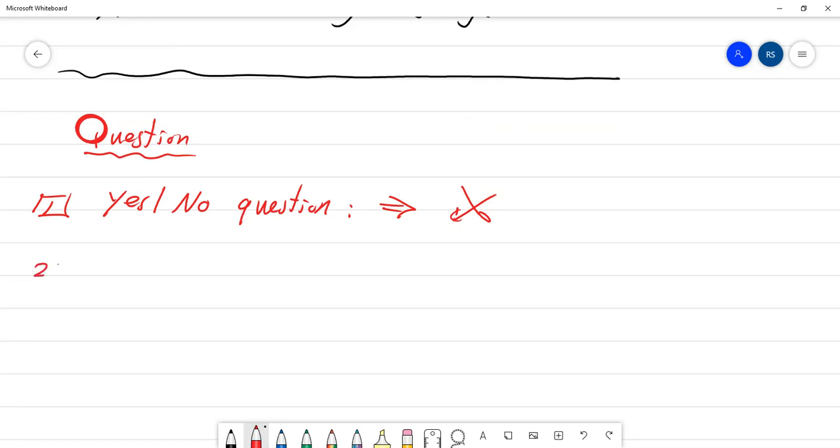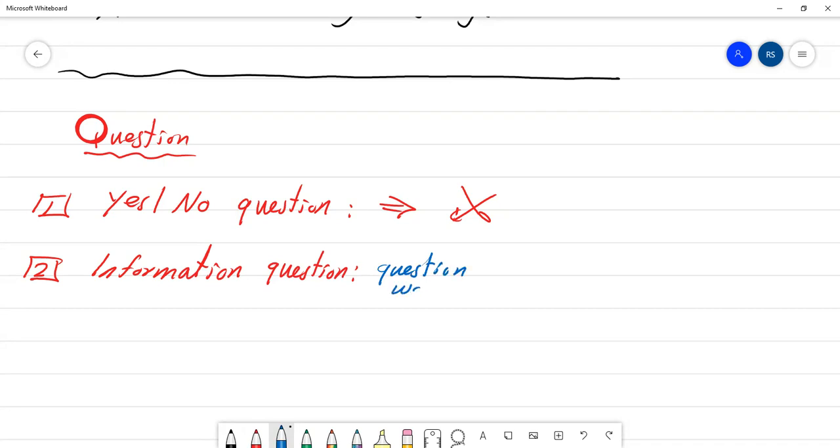Number two, information questions. We just add a question word plus also inversion.